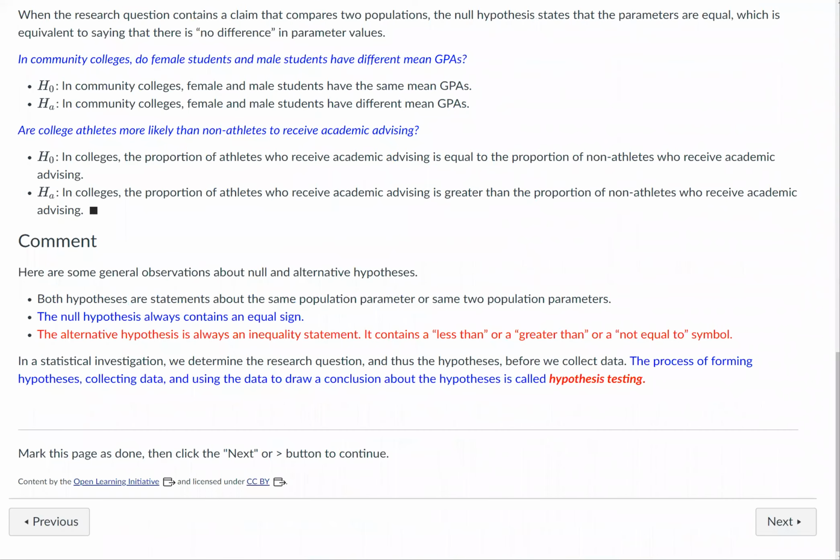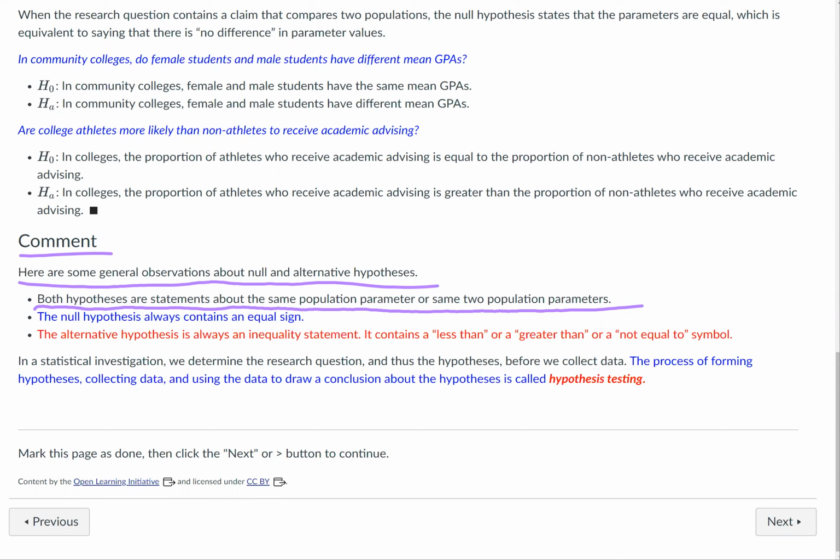So, here are some general observations about null and alternative hypotheses. Hopefully they make more sense now that we've seen examples, but here are a few things to point out. First, both hypotheses are statements about the same population parameter or the same two population parameters. They're almost the same statement, except we're changing the equal to greater than.